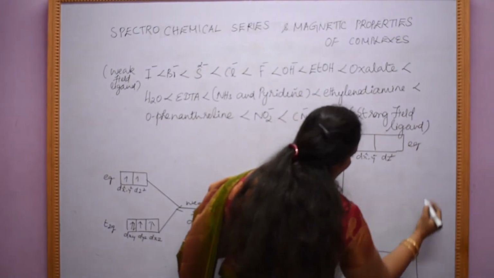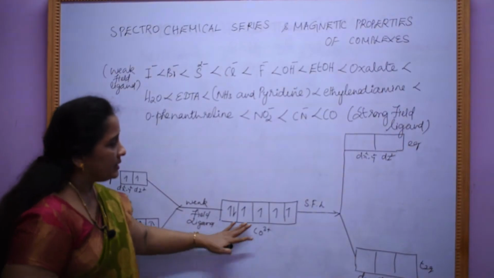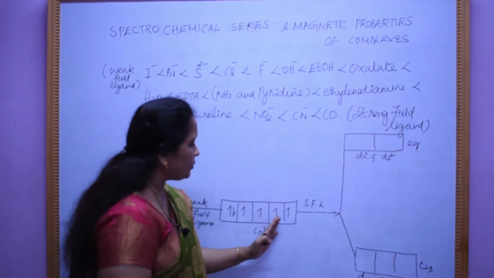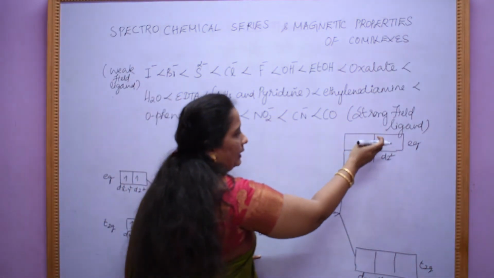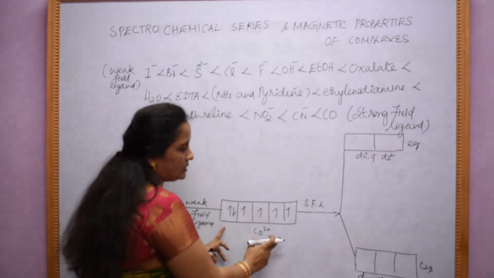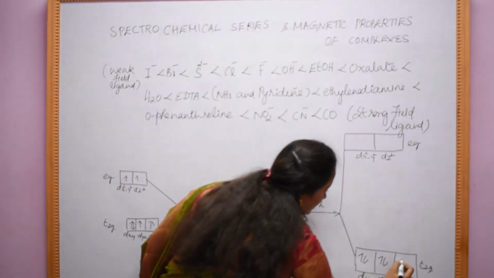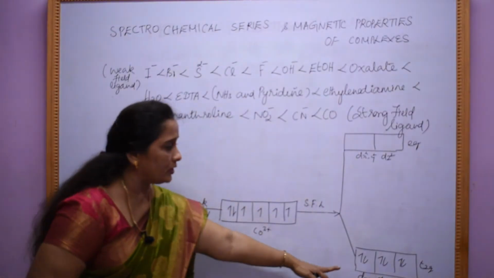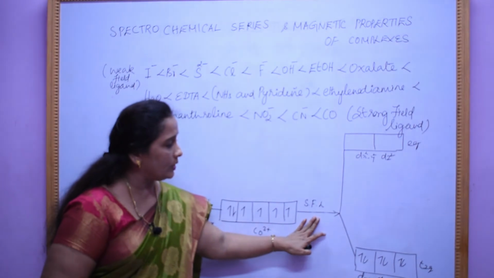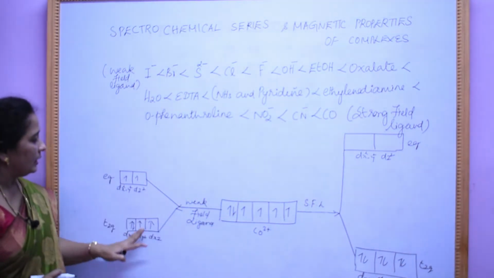This is the Eg set of orbitals and the T2g set of orbitals. Since the energy difference between Eg and T2g is more, the electrons cannot jump to the Eg set of orbitals. Therefore, all the 6 d electrons occupy only the T2g level. Here the electron distribution under the influence of a strong field ligand is like this, whereas under the influence of a weak field ligand it is like this.